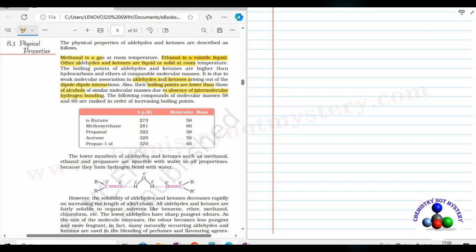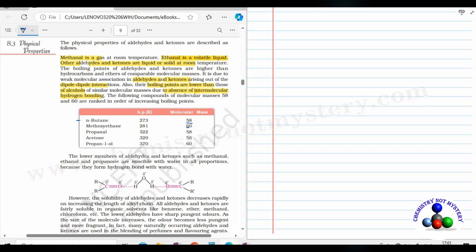The following compounds of molecular mass 58 and 60 are ranked in order of increasing boiling points. So when you compare the boiling point of different molecules, the first one is hydrocarbon, butane. All the molecules have comparable molecular mass. They range between 58 to 60.